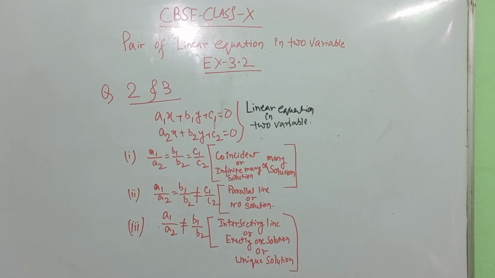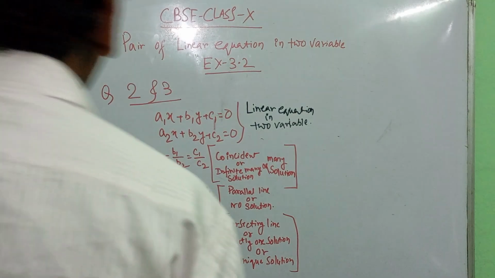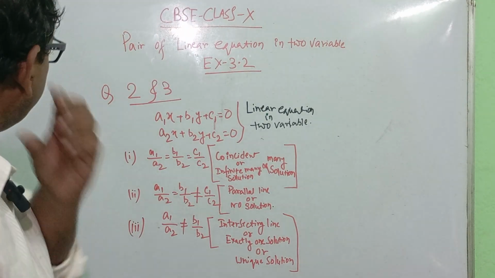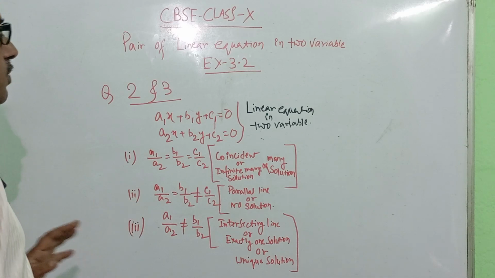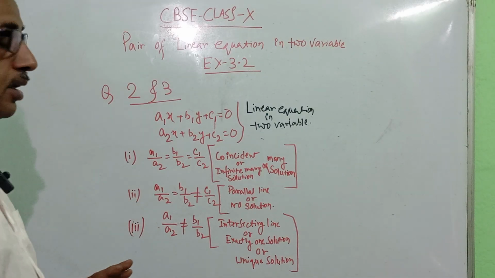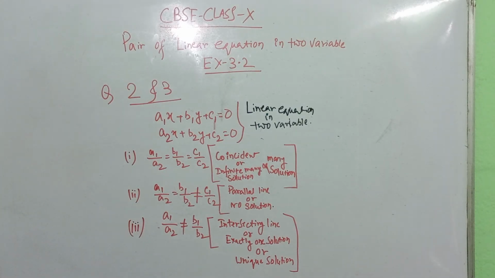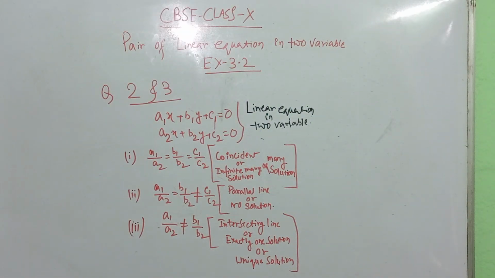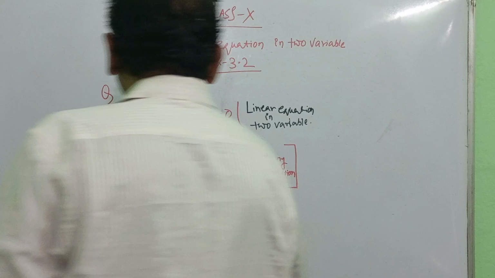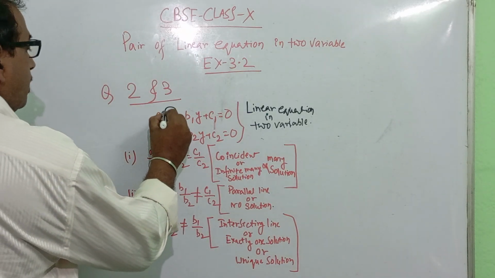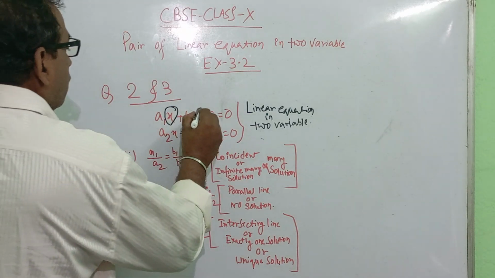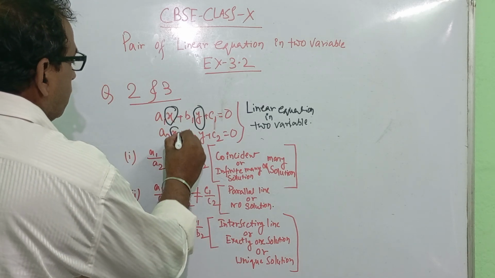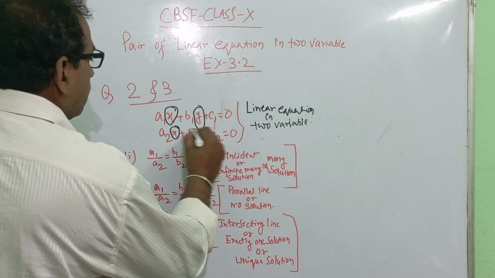Today we have discussed the CBSE class 10 pair of linear equations in two variables. In this chapter, you have to learn that if there is a two-variable linear equation, x is one of the variables and y is the other variable.